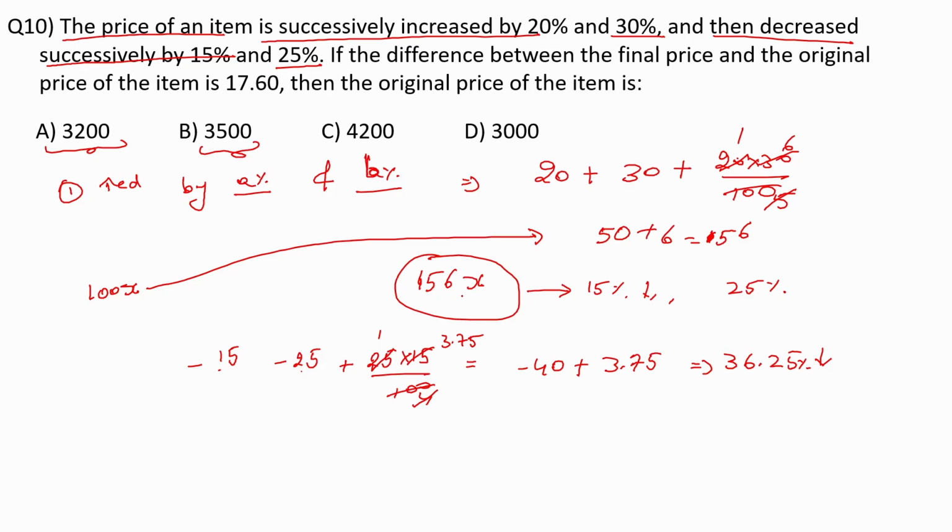So the final value, that is 156x, is decreased by 36.25%. I would say that the final resultant value would be 100 minus 36.25%. 100 minus 36.25 gives me 63.75%.